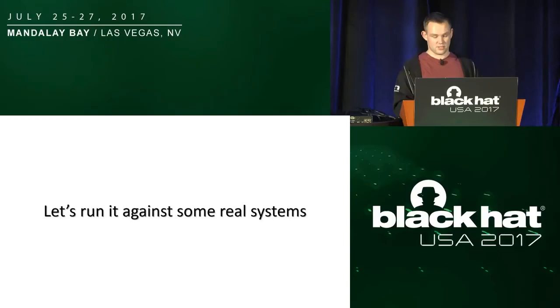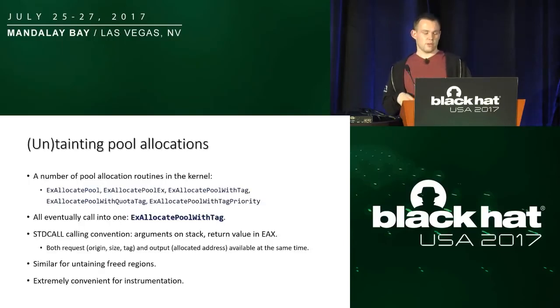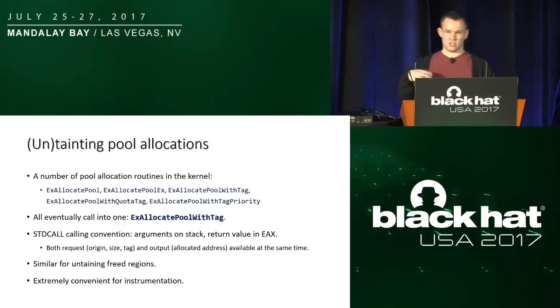we can try to run it on some real systems, starting with Windows. What we have to do first is implement the tainting of pool allocations. In Windows, we have a lot of functions which allocate memory from the pool. All of them start with ExAllocatePool, but there are different variants. Fortunately for us, all of these functions eventually call into one called ExAllocatePoolWithTag.